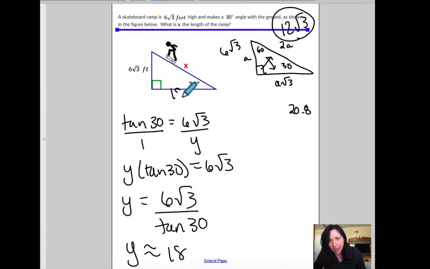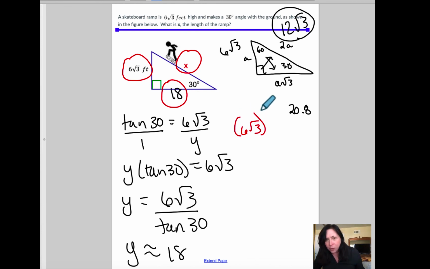Okay? Once I have that value, I'm going to use the Pythagorean Theorem: a squared plus b squared equals c squared. So 6 root 3 quantity squared plus 18 squared is equal to x squared. 18 squared is 324.